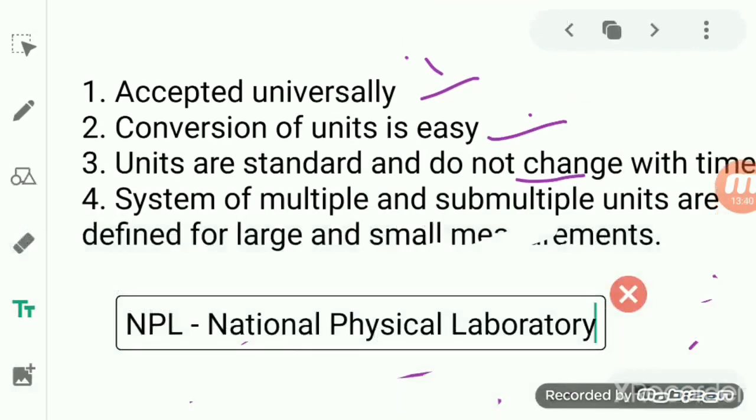The National Physical Laboratory, NPL, is in New Delhi, and it is responsible for maintaining the standard units in India.